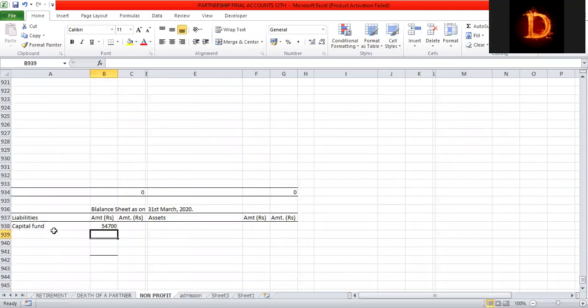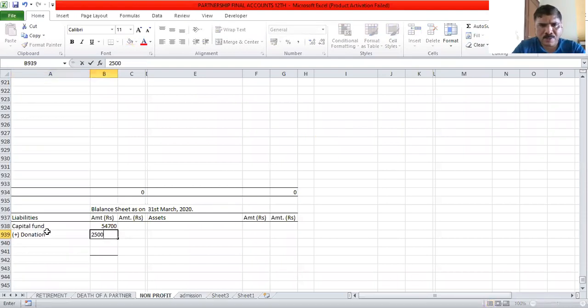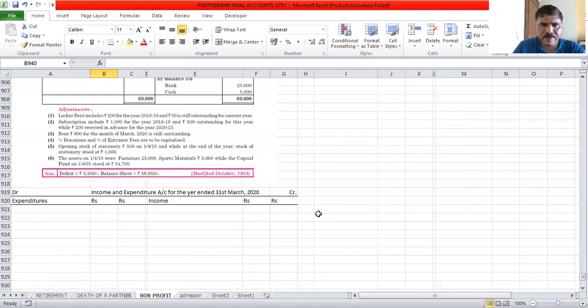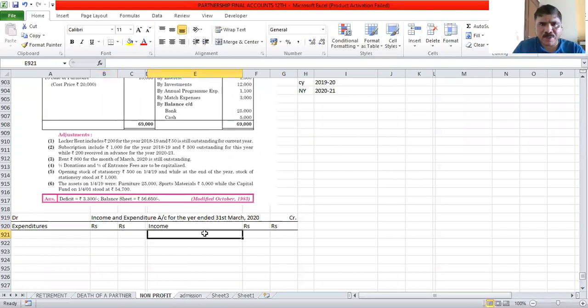Add to capital fund, plus donation 2,500. What about the other 2,500? What about the other income side? By donation 2,500.